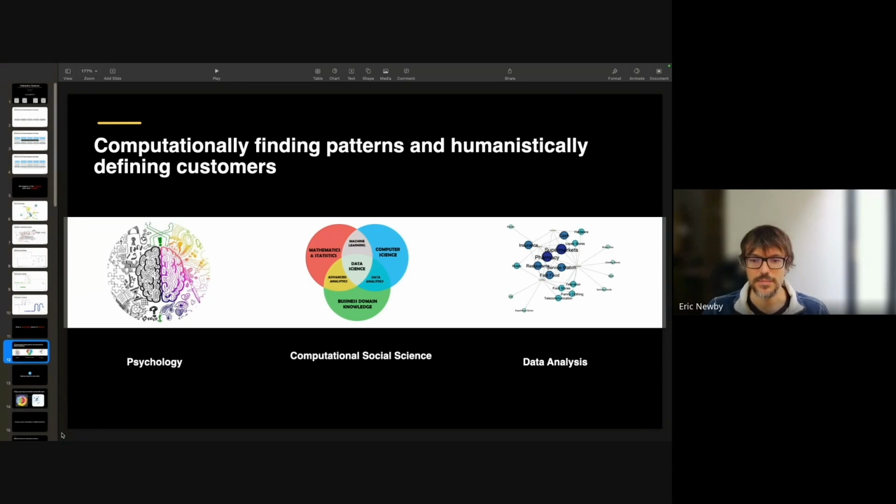So it requires bringing together expertise from those three areas, and the idea is to start with a base social construct, and then use our core hypothesis that the interactions that a customer has with a company contain the information that you need to understand their relationship with that company.